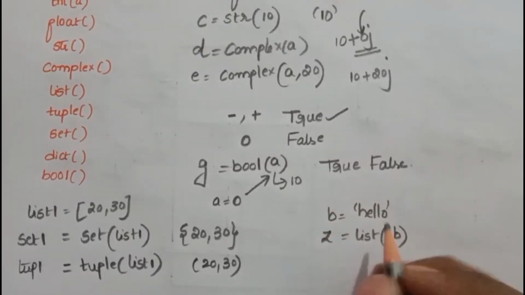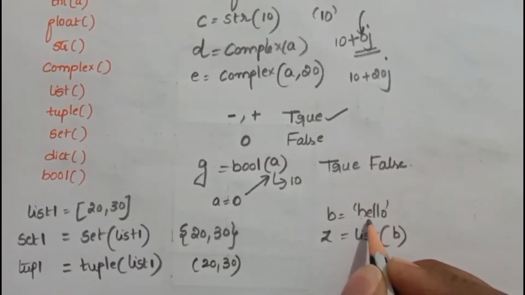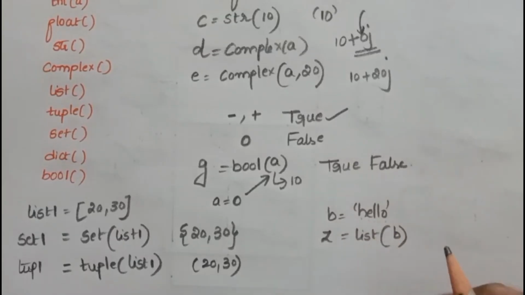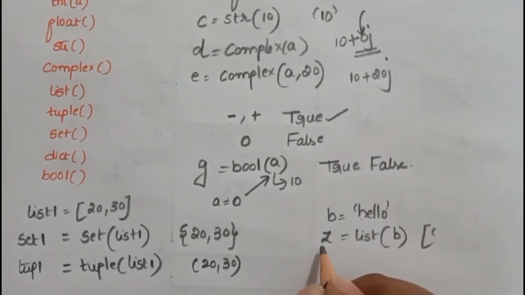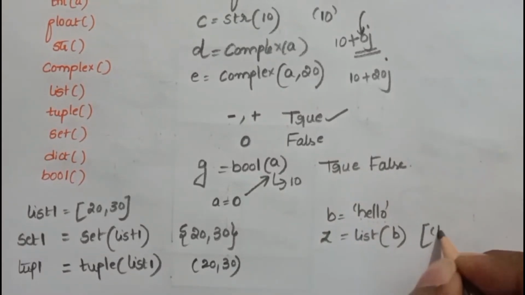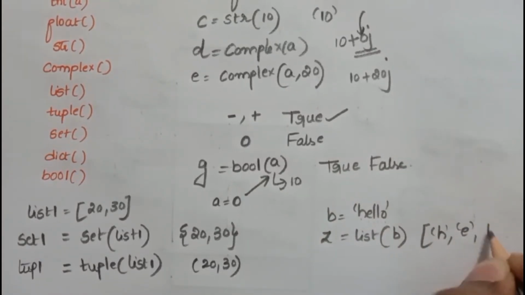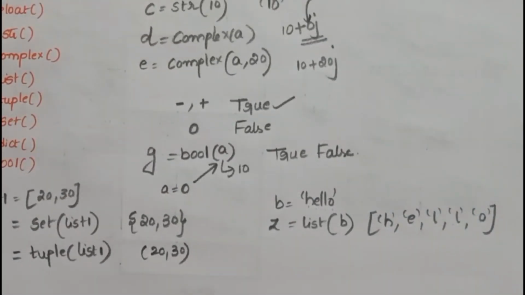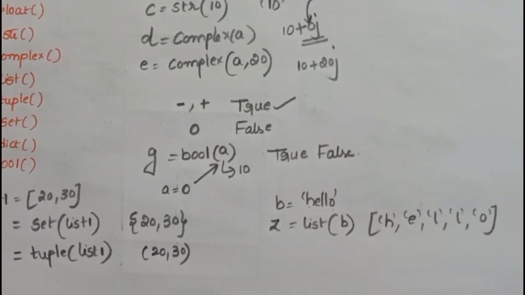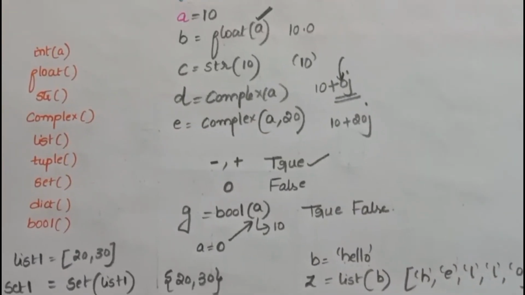Now, z will treat every character of this string as a separate element. The value that gets stored in z is h e l l o. Like this, every character will be treated as a separate element of list z. In this way, typecasting is achieved in Python.